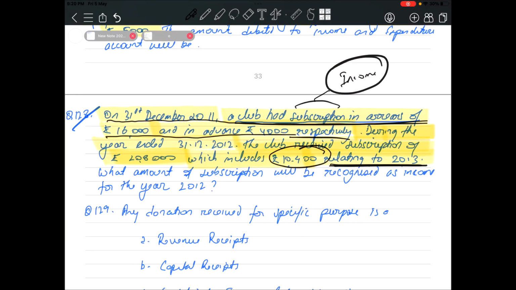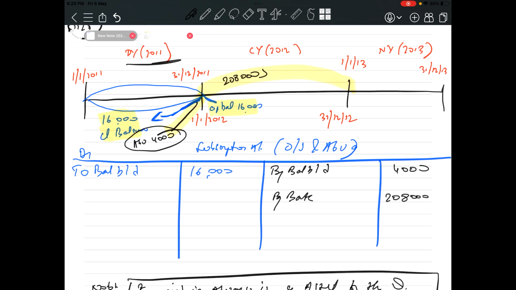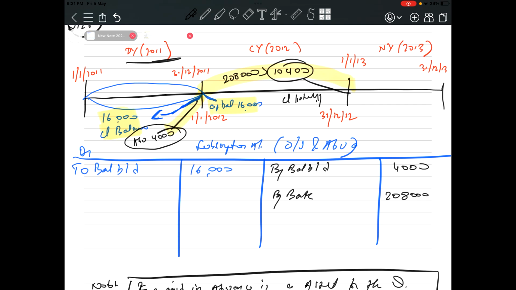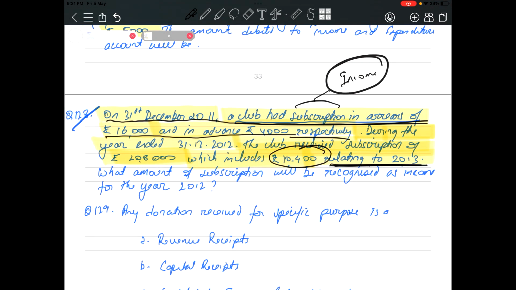Out of this, 10,400 relates to the next year. So this will be the liability of the current period, the closing balance of liability. Closing liability will be 10,400. So where will the closing liability come? It will come to the debit side, sorry, to balance CD, 10,400. I hope this is simple and easy to understand.